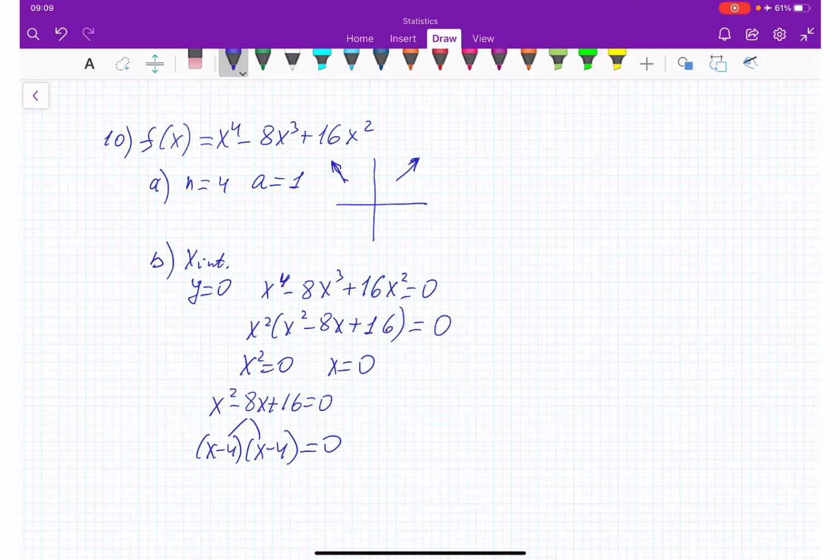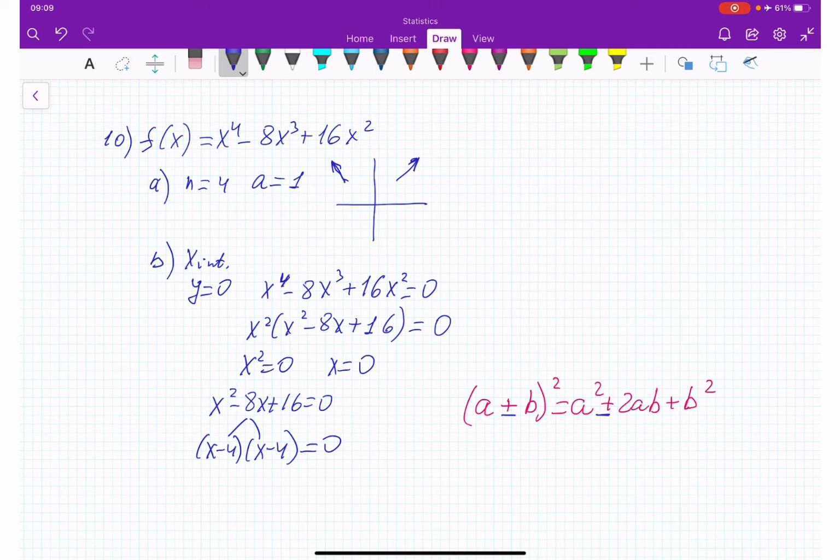Or the other way, I would say more professional, better way maybe, is to apply the perfect square formula, which is a plus or minus b, I'm going to combine both, equals a squared plus or minus 2ab plus b squared. And for the case of minus, here is minus.